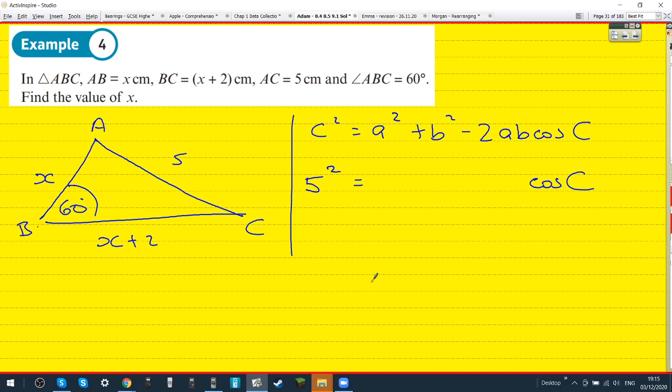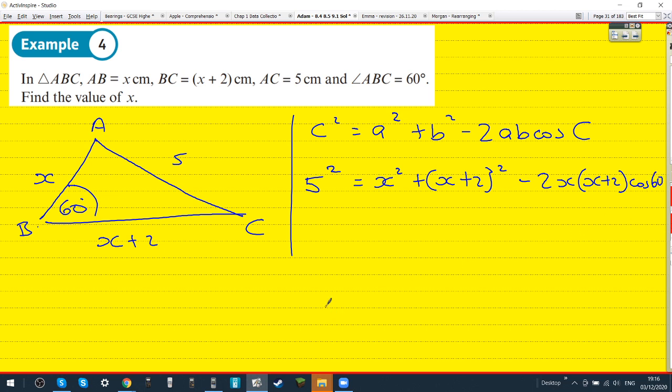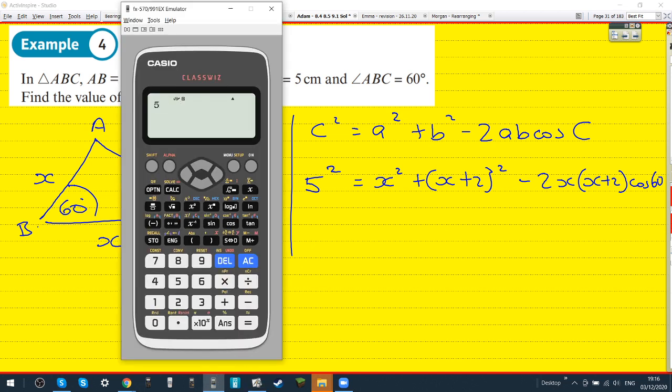It's 5 squared equals x squared plus (x plus 2) squared minus 2(x)(x plus 2) cos C. Wait, what is C? 60. You know what you could do? Expand the bracket. I'm going to try and put it on the calculator. I'll let you try as well.